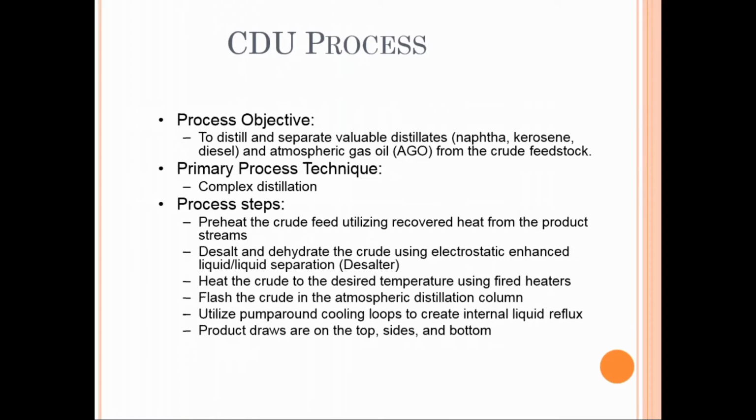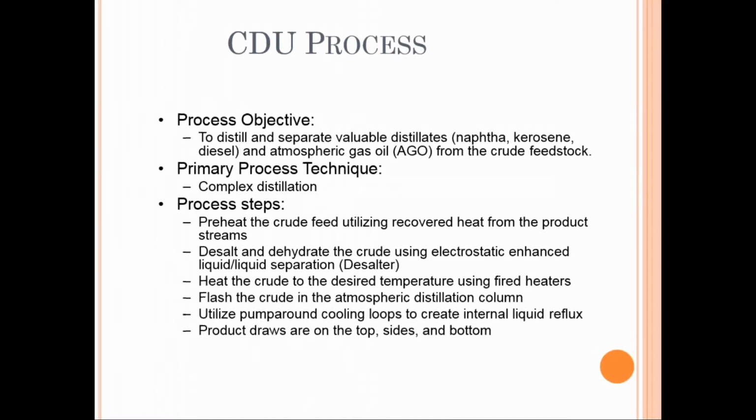So what do we have? The flash. First we heat the crude to the desired temperature using the fired heaters. Then we flash the crude in the atmospheric distillation column. We've already seen it in that video when we talked about flashing. Then we utilize pump-around cooling loops to create internal liquid reflux.